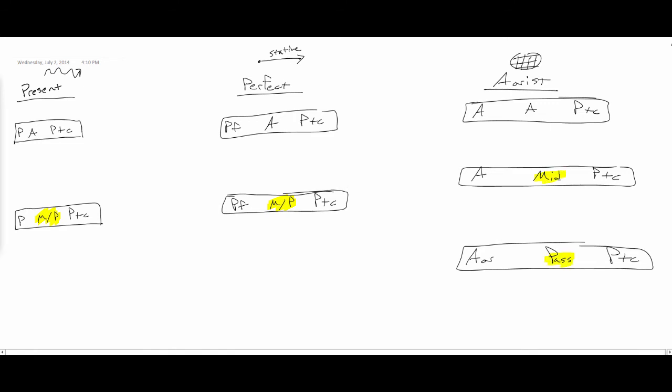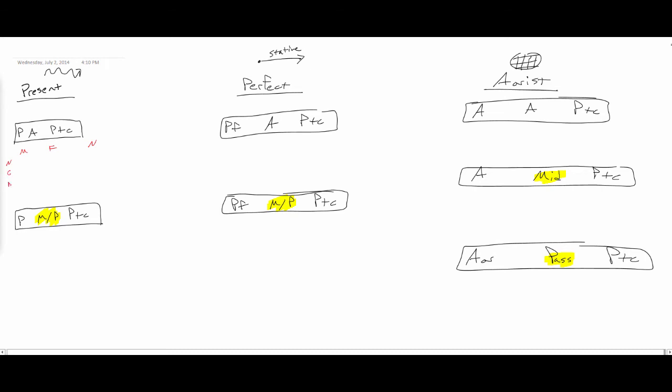Let's think about these forms now, and I'm going to put up here what you need to memorize to really recognize these. What you need to memorize for the present. Remember, we have masculine, feminine, neuter. We have nominative, genitive, dative, accusative, and so on.